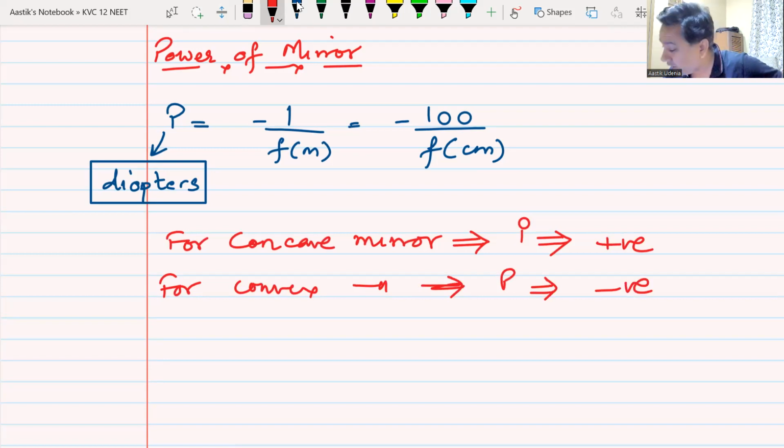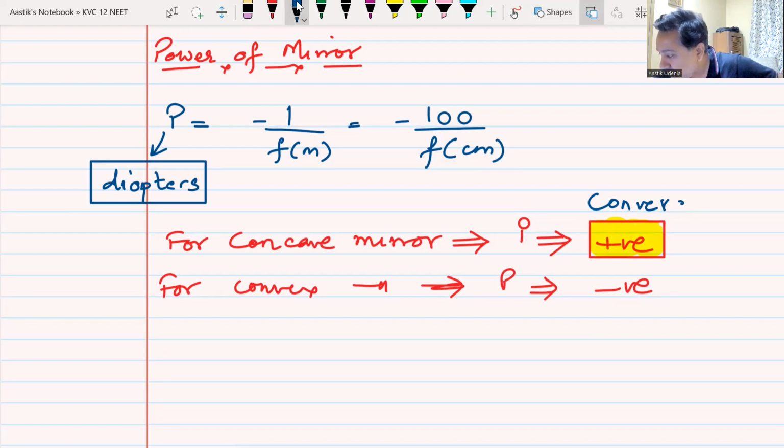Now remember, beta, whenever we are talking about positive power, which is now in yellow, positive power is always for converging. Positive power means it is a converging device. It is going to converge the rays of light.